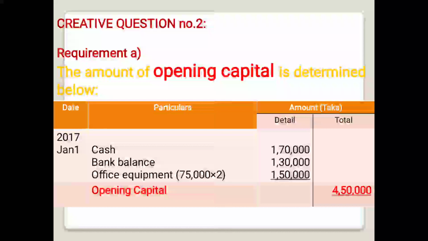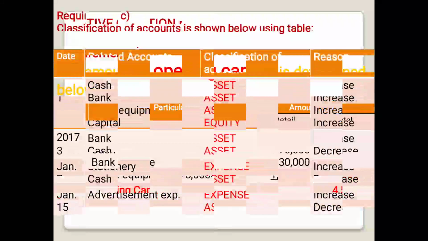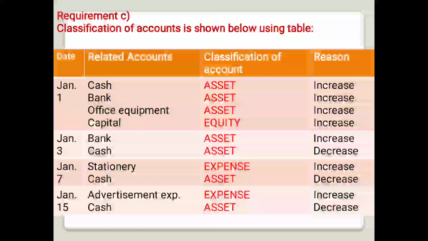Only 4 transactions are indicated, but I have already discussed all the transactions for determining debit and credit. I think you have understood from my discussion. Now you can go for requirement B.